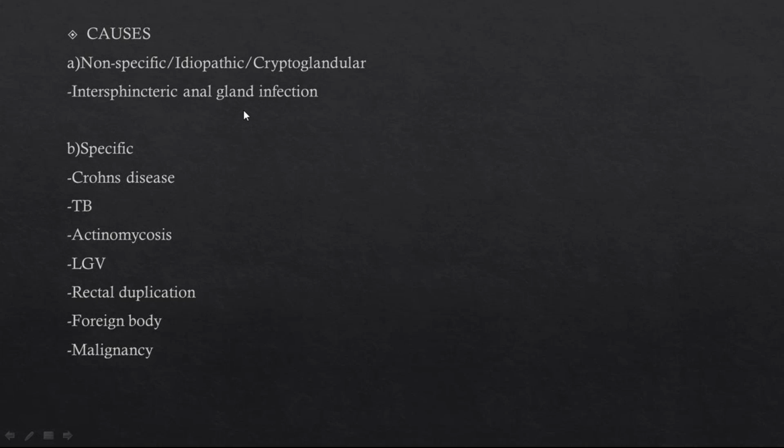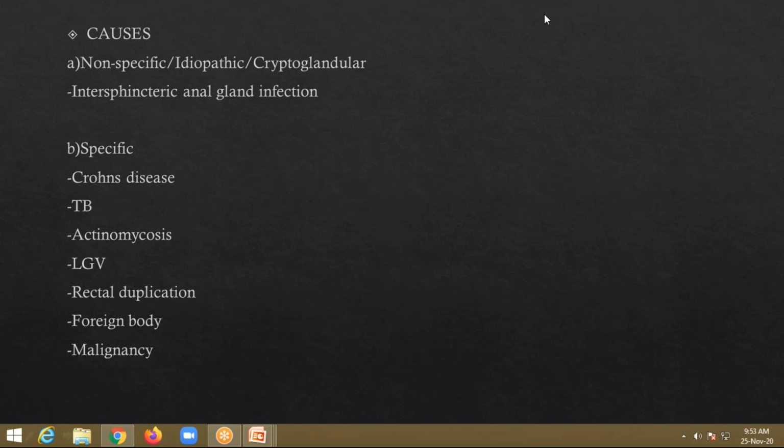Okay. Next are the specific causes. Fistula in ano may be caused by Crohn's disease, tuberculosis, actinomycosis, lymphogranuloma venereum, rectal duplication, foreign body, malignancy. Okay, these causes you need to remember.